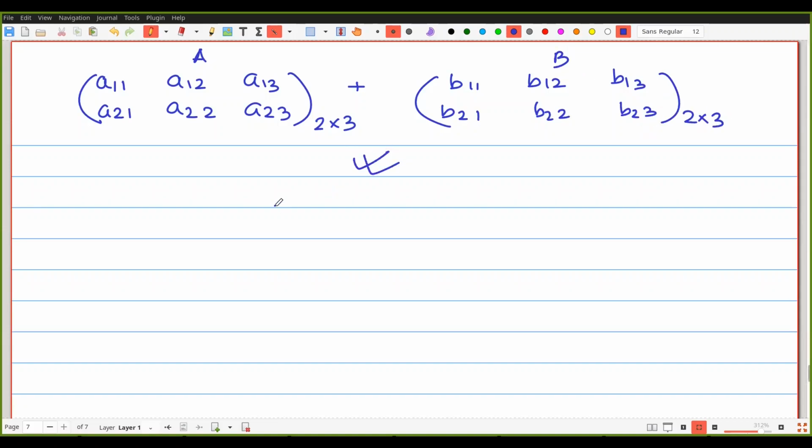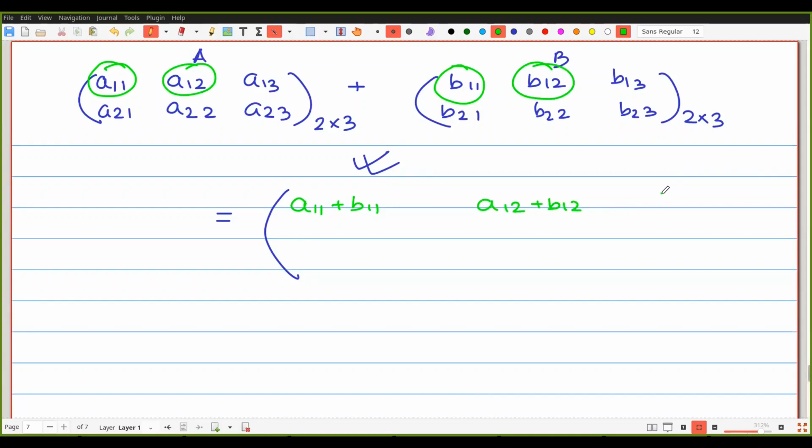So addition is possible, and the resultant matrix, according to the position of the elements: A11 plus B11, A12 plus B12, A13 plus B13, A21 plus B21, A22 plus B22, A23 plus B23. Okay. Now look, after addition, the order remains the same, 2 cross 3.